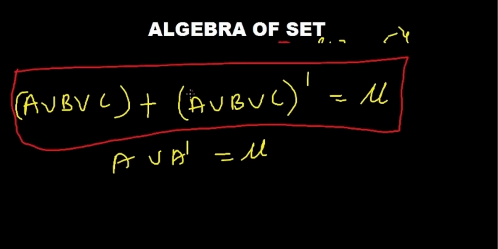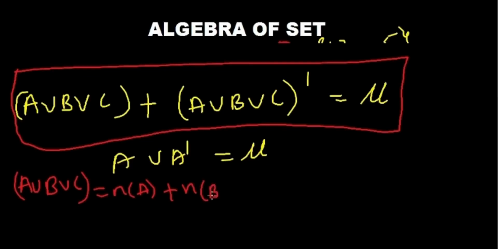So having known this in mind, instead of writing your normal three set theorem, where my normal expression is A union B union C equals A plus B and the likes, I'll just replace it.